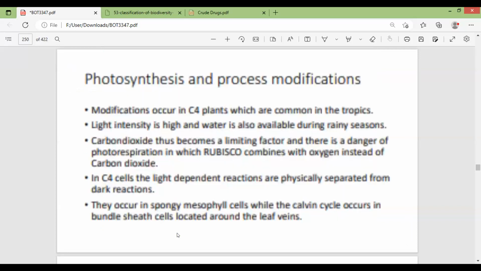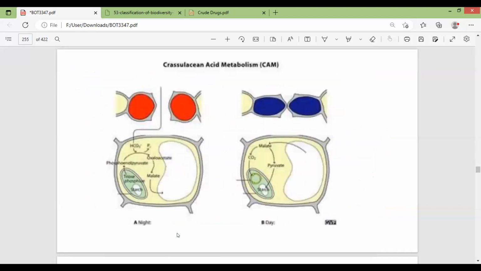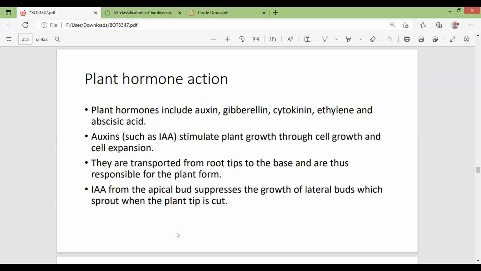Okay. Then finally, we can go to plant hormones. Plants, like humans, also have hormones. Plants are complex organisms, not as basic as bacteria.